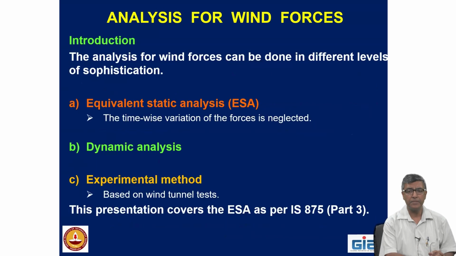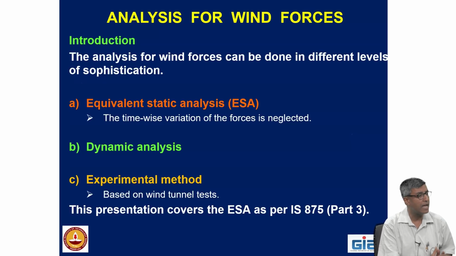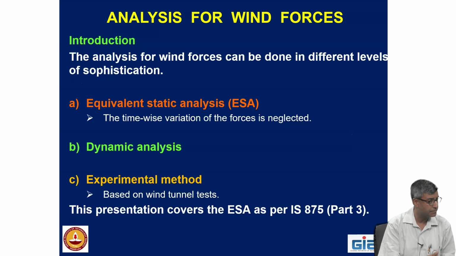Now, the analysis can be done at different levels of sophistication. The basic, which we wish even undergraduate students to be aware of, is the equivalent static analysis, neglecting the time-wise variation of wind. However, for some very special structures like tall masts or suspension bridges, you have to go for dynamic analysis.